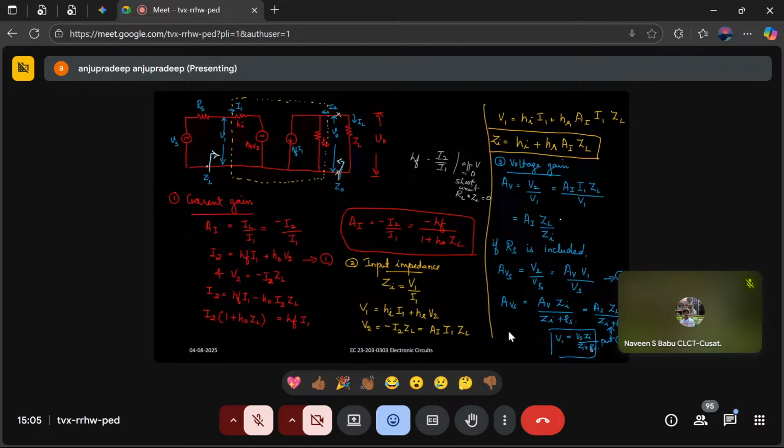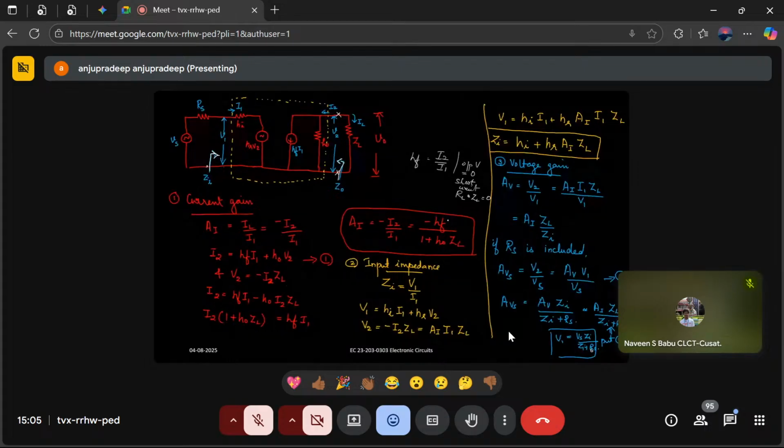Okay. So earlier I told you that these H parameters will be given in the data sheet. So if we try to relate AI to HF, in this equation you can see that AI is equal to minus HF divided by 1 plus HO into ZL. See, the maximum current gain you can get depends on the transistor parameter HF.